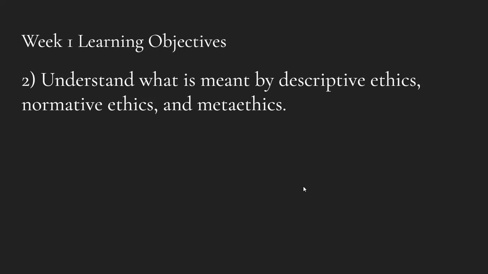Understand what is meant by descriptive ethics, normative ethics, and metaethics. Okay, so remember that descriptive ethics is just the description of people's behavior, since ethics originally refers to people's behavior. And there are lots of empirical sciences that address questions of people's behavior at a factual level. So the fact of how people actually behave. You can think of psychology, anthropology, sociology, economics.